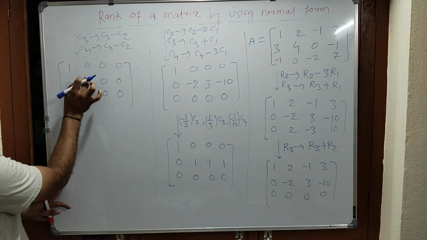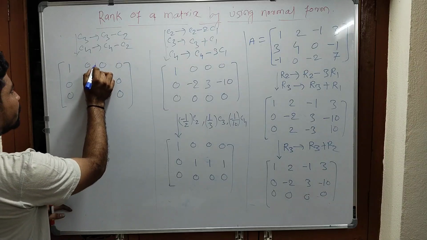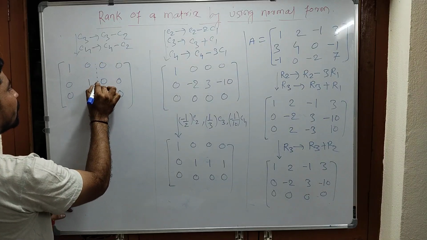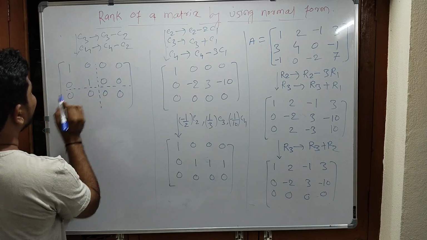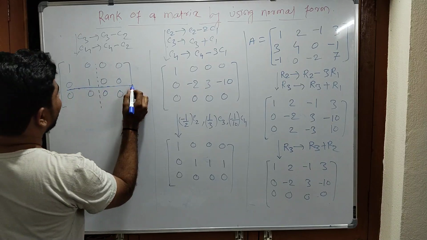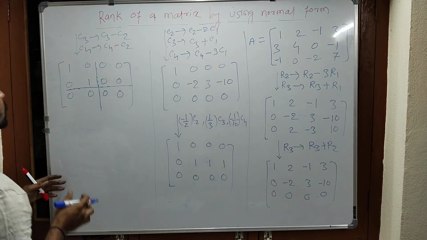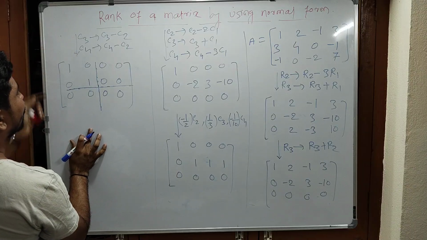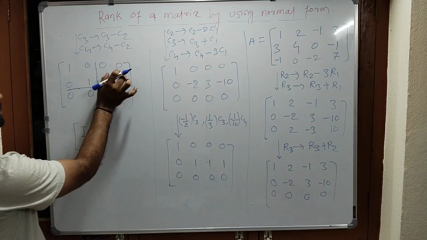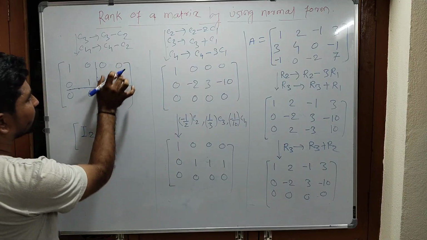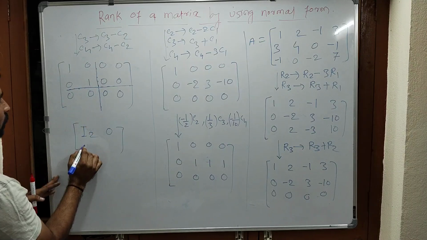This is the identity matrix of order 2 cross 2, this is a zero matrix of order 2 cross 2, and these are zero matrices of order 1 cross 2.